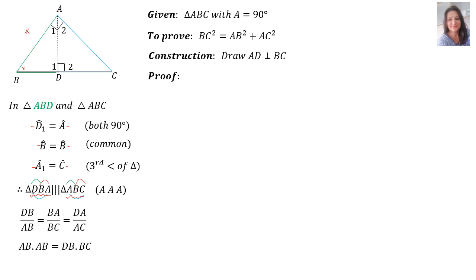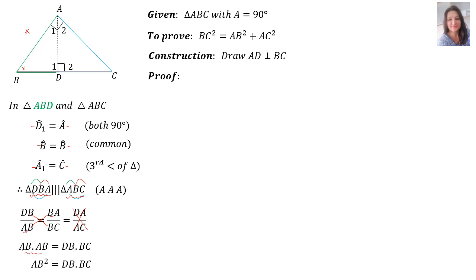So therefore, this little part there we will ignore. And then just keep in mind, AB is the same as BA. And then we can cross multiply and we end with AB times AB is equal to DB times BC. And remember, AB times AB is AB squared is equal to DB times BC. So that's half of the proof.